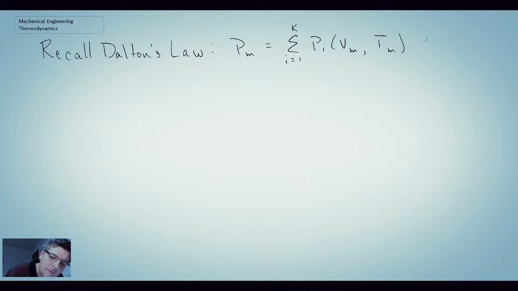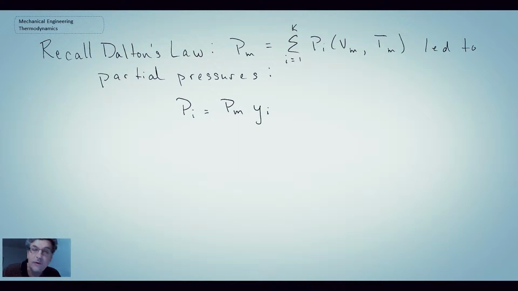And from our formulation of Dalton's law, that led to the idea of partial pressures, which enabled us to express the component pressure in terms of the mixture pressure and the mole fraction.